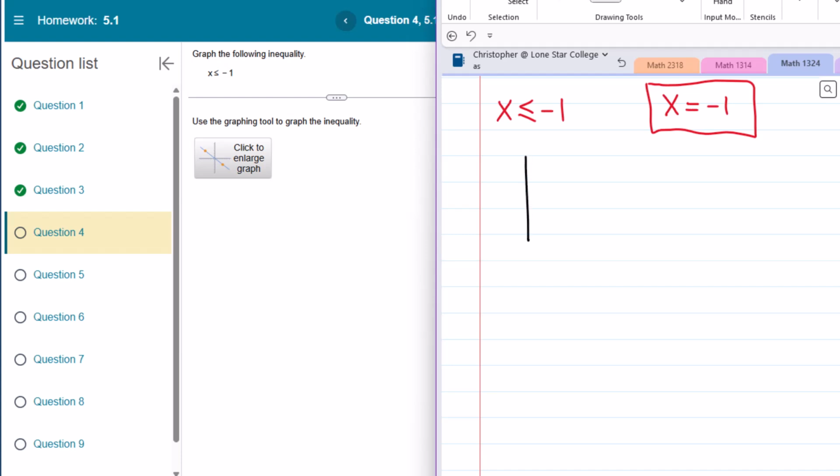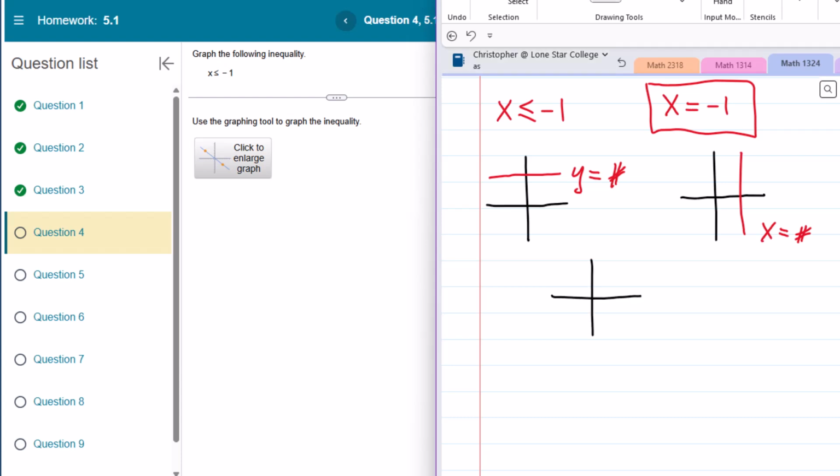If my line was completely flat, those looked like y equals a number. And if we had a vertical line, those looked like x equals a number. So here I have x equals minus 1. That's simply going to be a vertical line crossing here at minus 1.